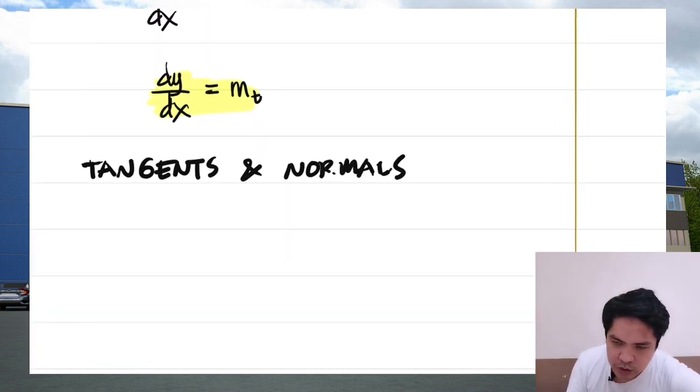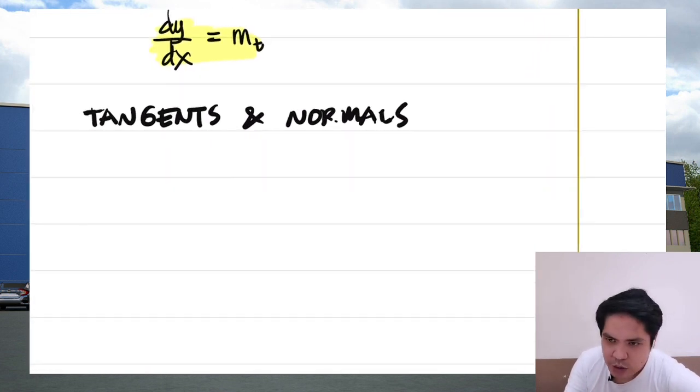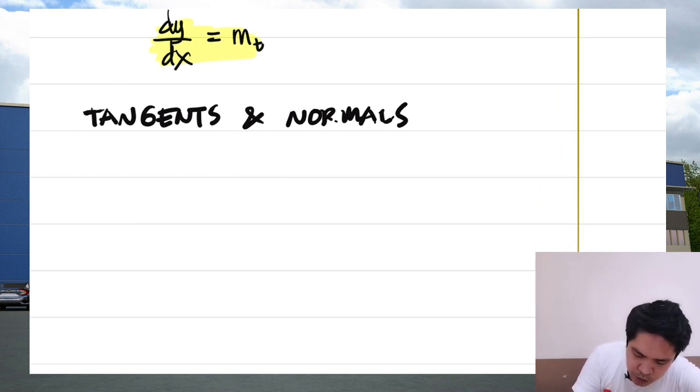To get the equation of the tangent, of course, we need the slope of the tangent and also the other elements of the line. So let us recall what we have learned about the standard equations of the line in our previous discussion. The first standard equation of a line is the point slope form.